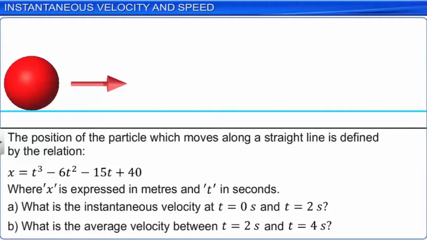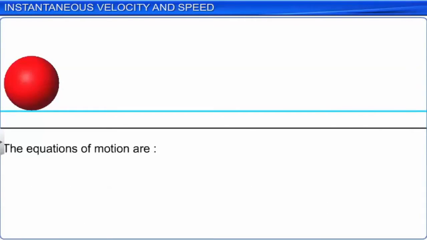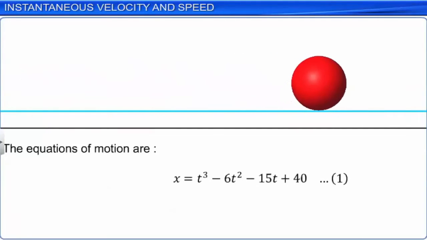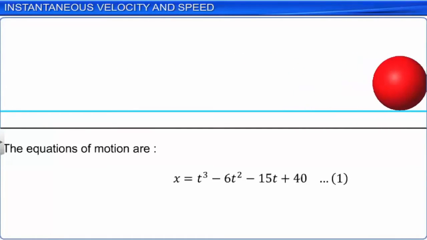Solution. The equations of motion are x = t^3 - 6t^2 - 15t + 40, and v = dx/dt = 3t^2 - 12t - 15.